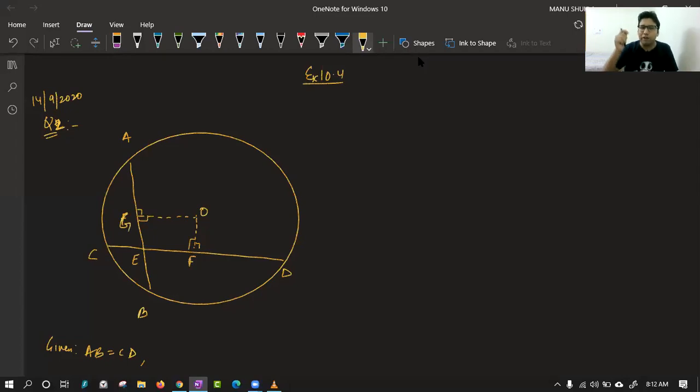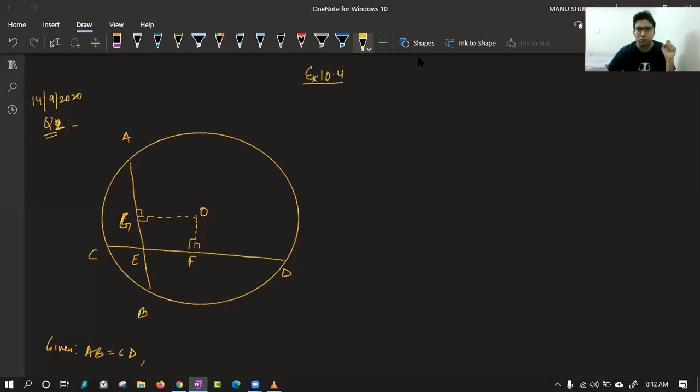Class, if OF is the perpendicular from center and OG is perpendicular, what can we say about OF and OG? What is the relation between OF and OG? They are also equal, because when chords are equal, they are at equal distance from center.